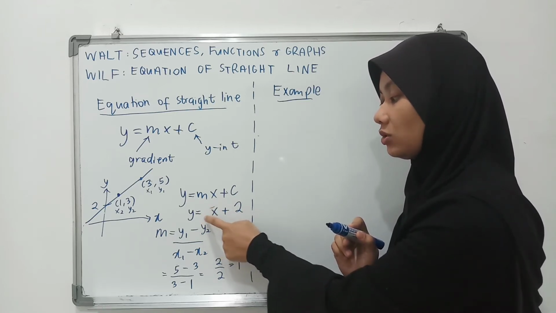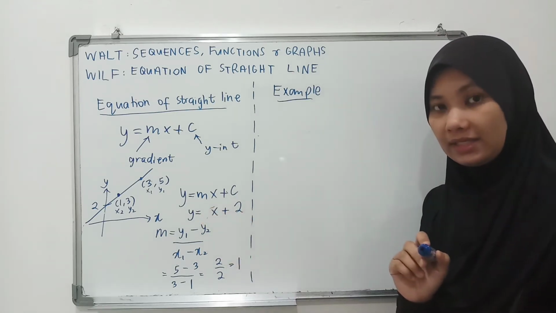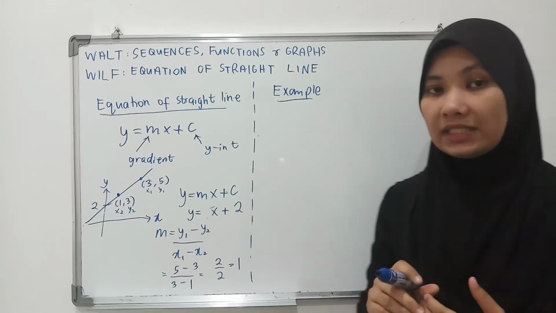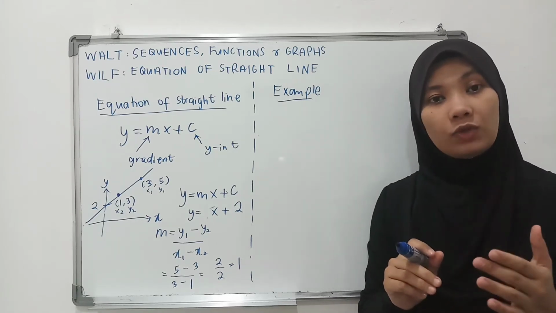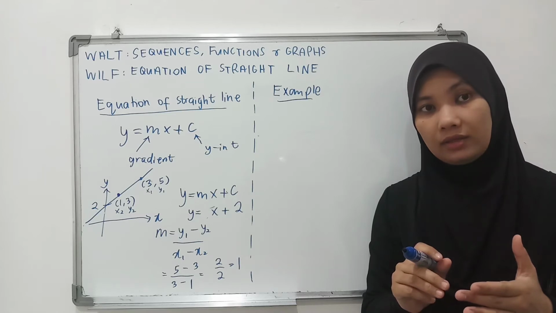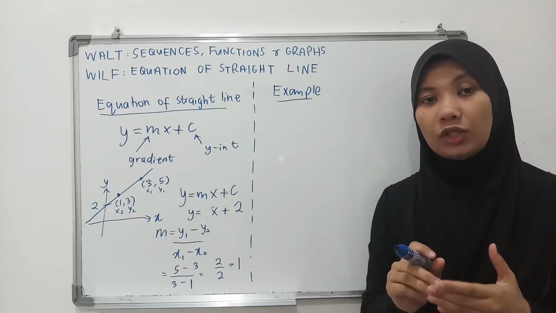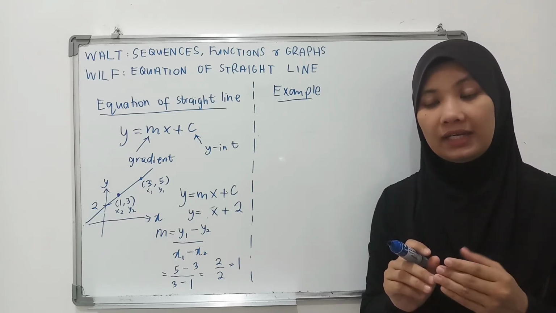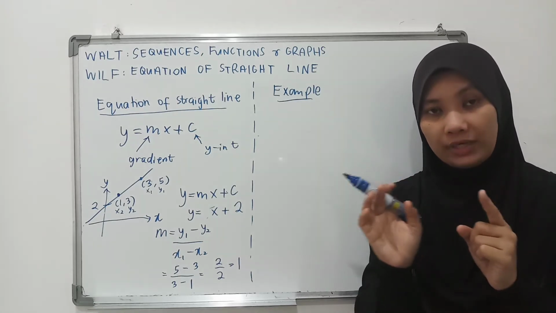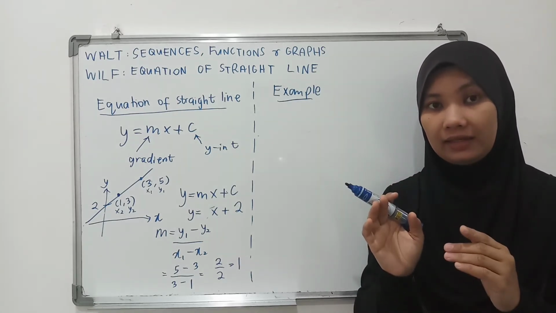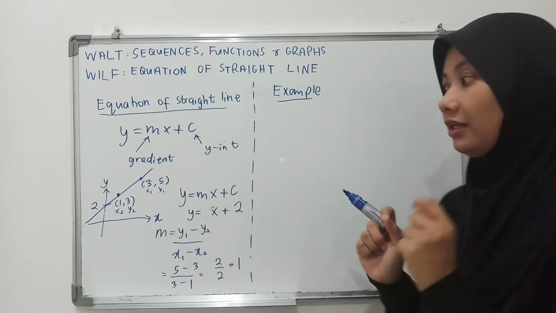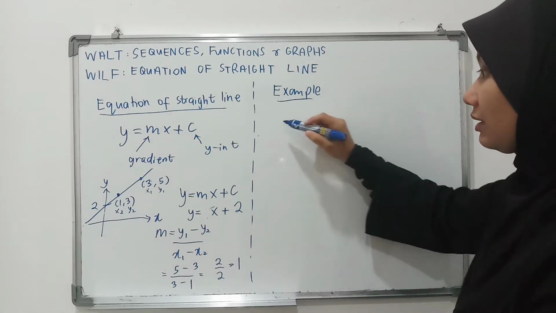So y equals to x plus 2. That's it. Some of the questions will give you the value of the gradient straight away, but in some of the questions, you need to calculate the value of the gradient by referring to 2 points on the line.